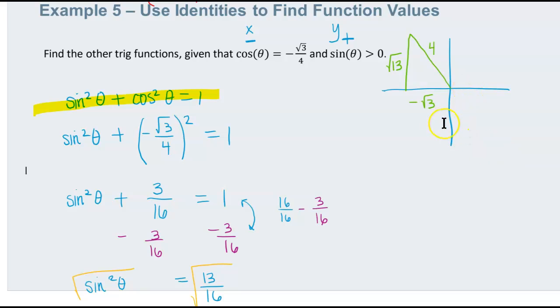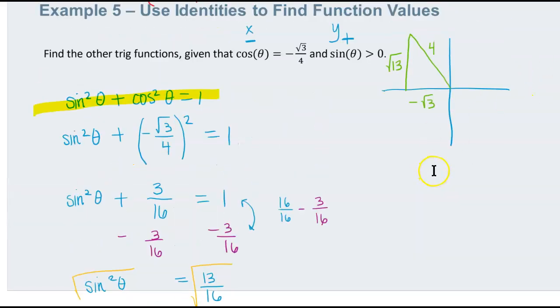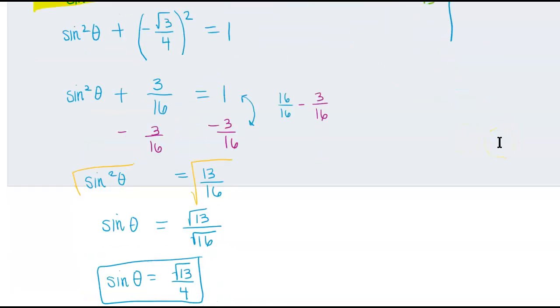I've found sine. Now I can use sine and cosine together to get tangent. Or I can just do what I just did here, which is draw the triangle. But the formulas we were just given were tangent of the angle is the sine divided by the cosine.